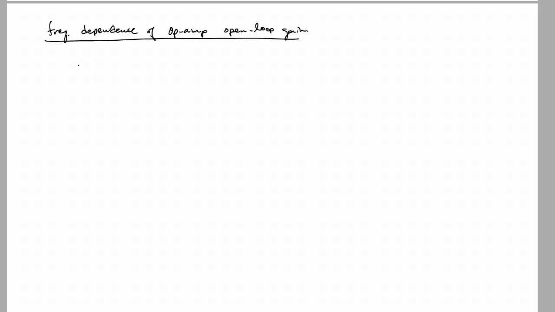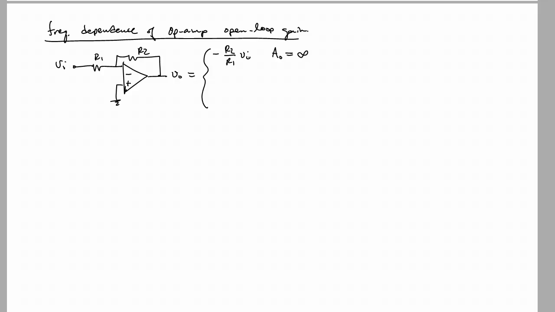So let's review with an inverting op-amp. We have an input VI, we have an output VO, and we know that in an ideal case, when the open loop gain, call it A0, is equal to infinity, VO will be minus R2 over R1 VI.